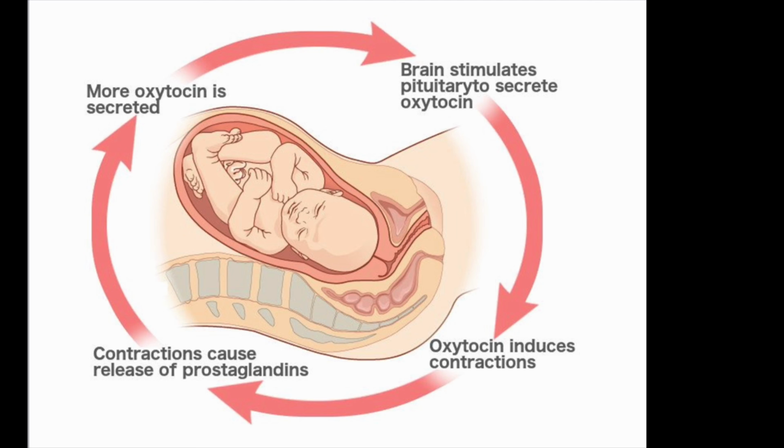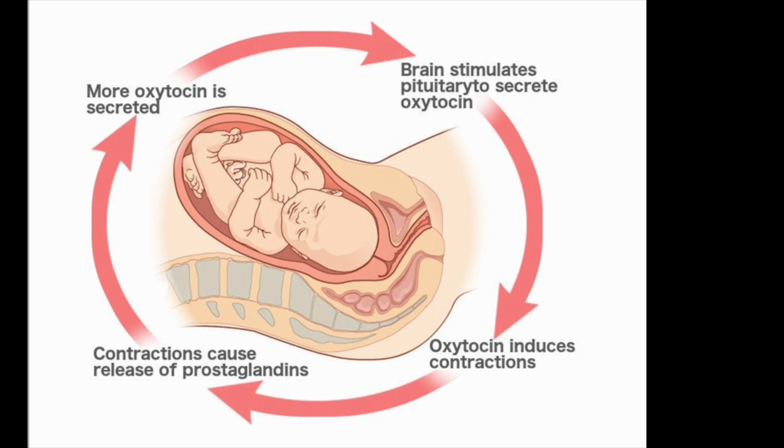These nerve cells send messages to the brain, which in turn causes the pituitary gland at the base of the brain to release the hormone oxytocin into the bloodstream. Oxytocin causes stronger contractions of the smooth muscles in the uterus, which is the effector, pushing the baby further down the birth canal.